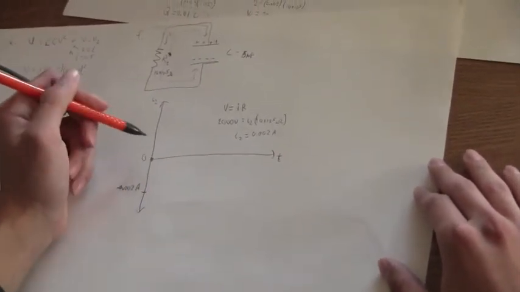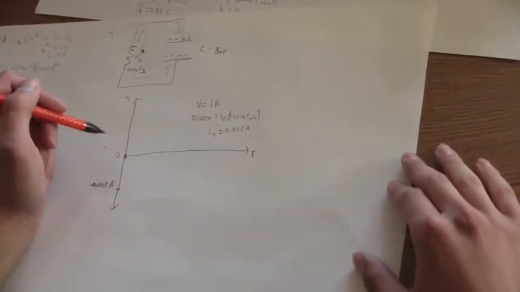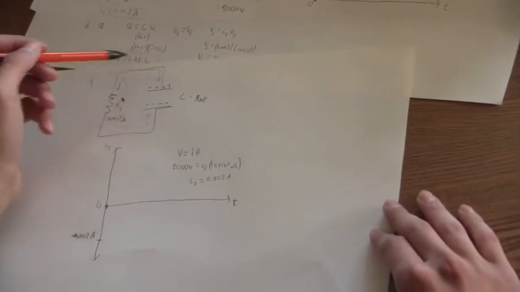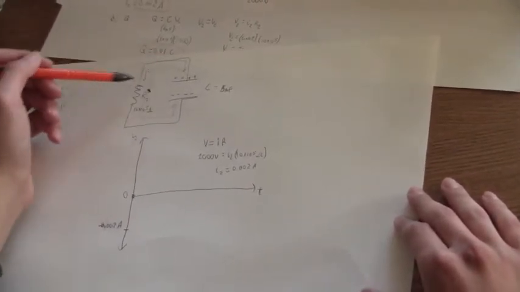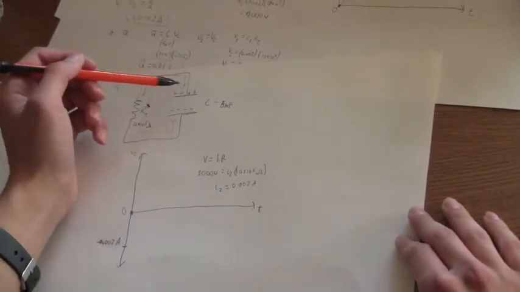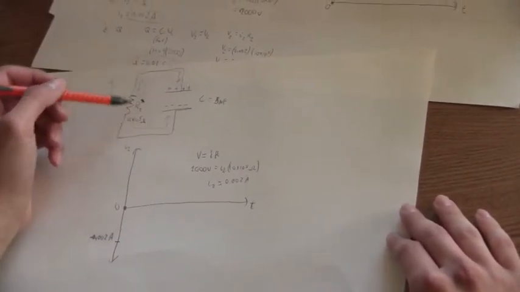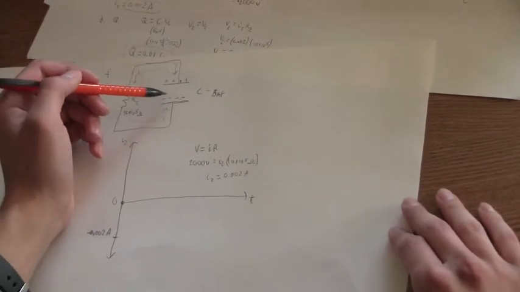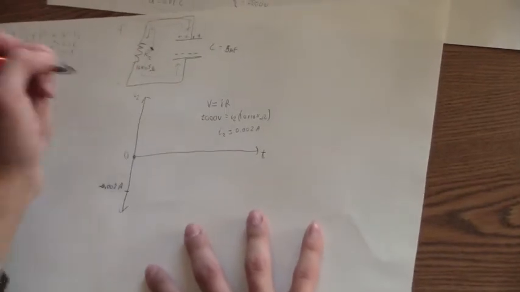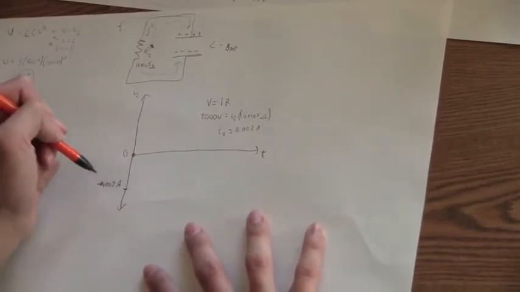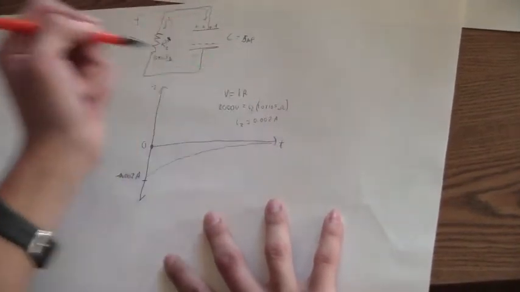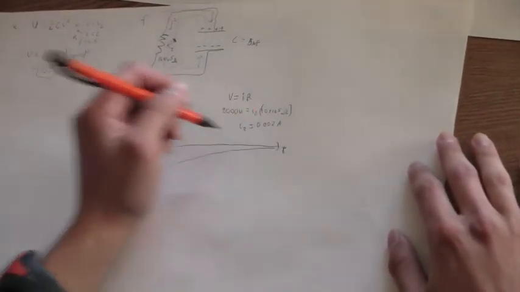And the reason for this is because energy is lost to heat in R2 across the resistor, and since there are no new charges being populated here, eventually it's going to run out of charge, and the current I2 is going to eventually go to 0. So what we have here is it's going to start at negative 0.002 amps, and it's going to go to 0, asymptotic to 0.